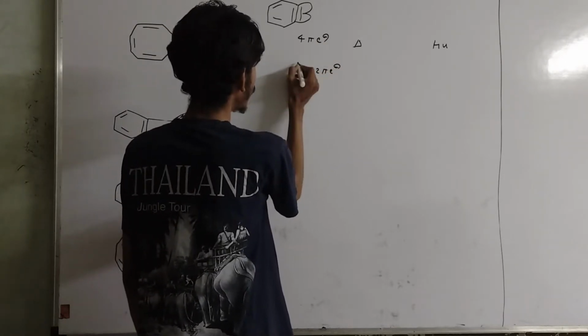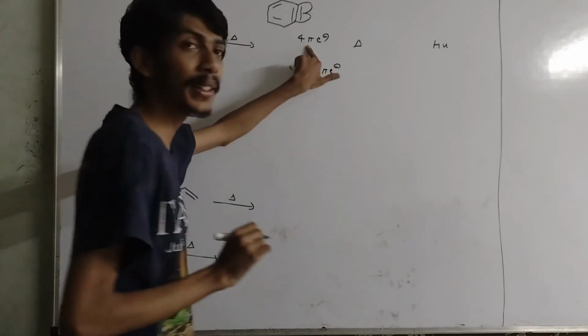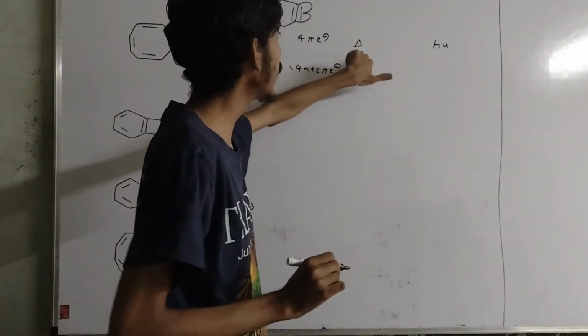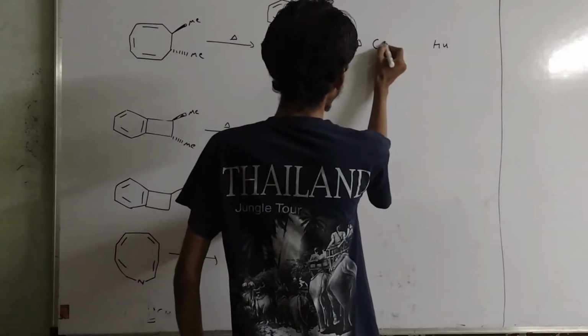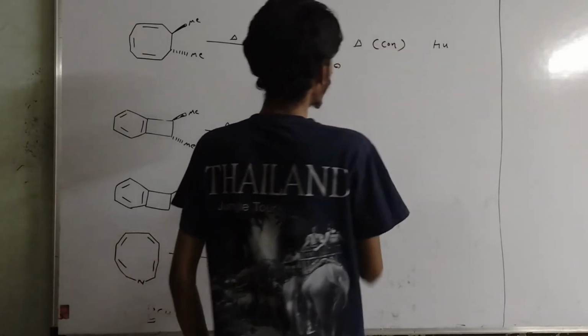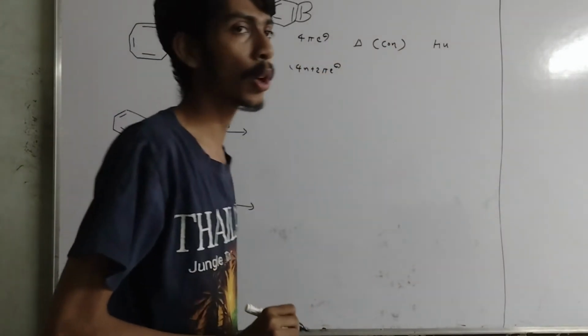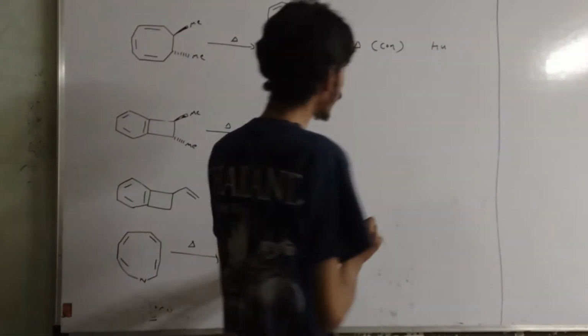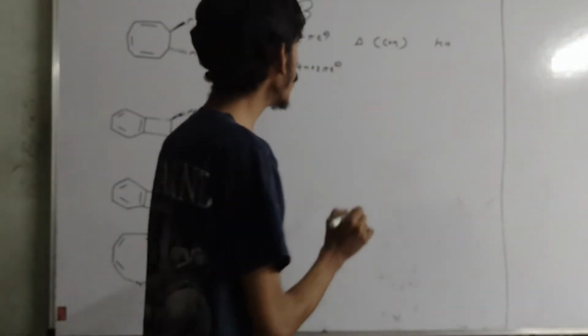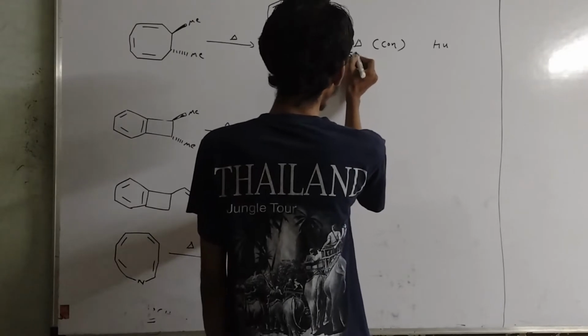In the 4n pi electron system, when we apply heat, it is a con-rotatory movement of the p orbital. And we already discussed previously, in the con-rotation the stereochemistry will change.